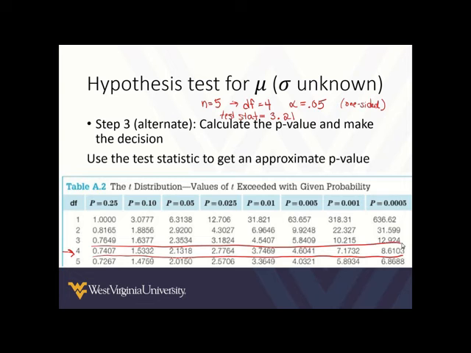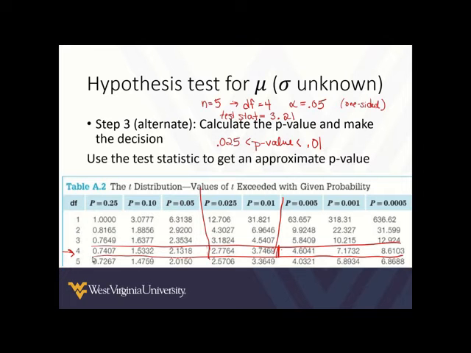And so taking a look, we would see that 3.21 would be between 2.7764 and 3.7469. So going up, that tells us that our p-value would be between 0.025 and 0.01. So again, it doesn't give it to us exactly, but it does give us a range.